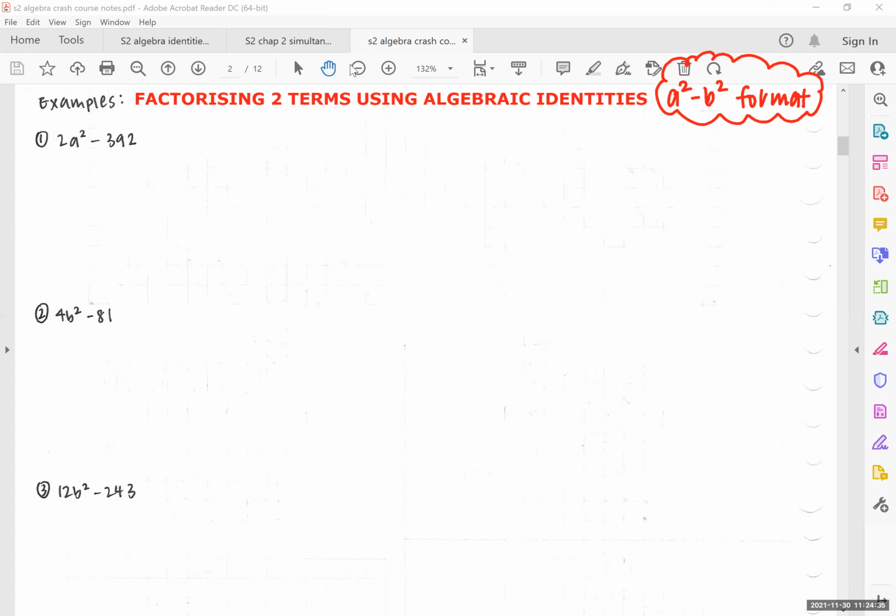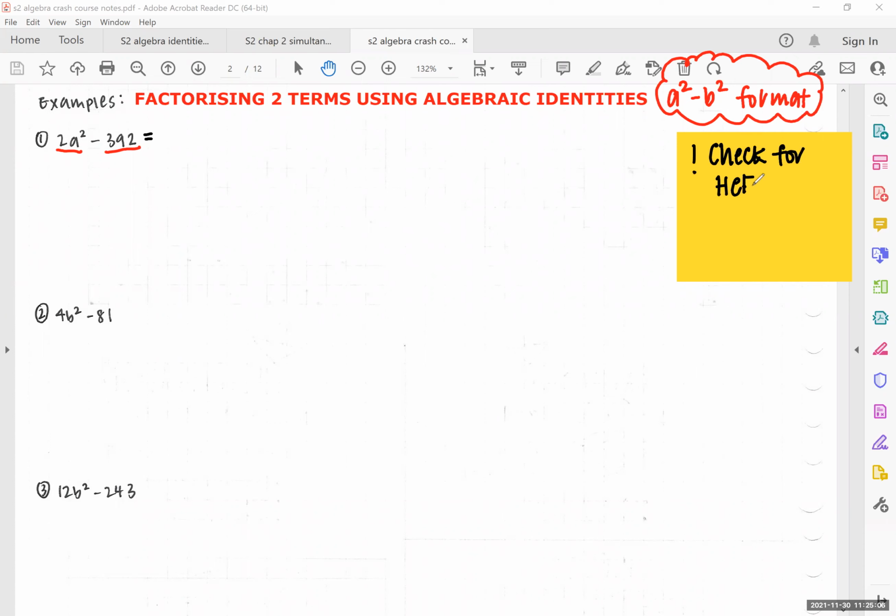Okay, so let's start. Guys, can you see this is clearly 2 terms? 1 term here, 2 terms here, right? So now, what are we going to do? First, whenever we want to factorize, we must check. Can you put a box here, or put a highlighter and box it up. Always check for HCF.